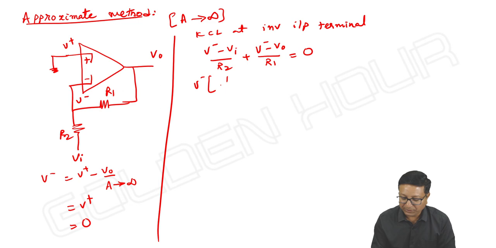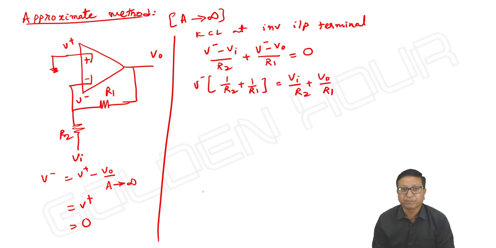And V minus into 1 by R2 plus 1 by R1 is equal to Vi by R2 plus V output by R1. We can write it so. What is V minus, friends? It is 0.